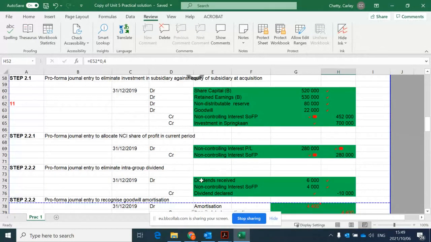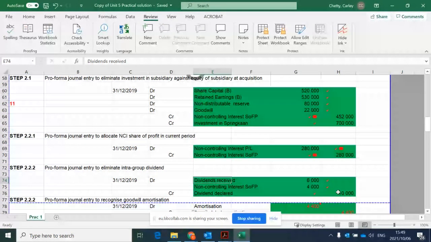And we're going to do that by saying debit dividends received. We're reversing the portion received by the parent, and then crediting dividend declared with the full amount. And then we're also showing here that we're debiting non-controlling interest from the statement of financial position. Okay.